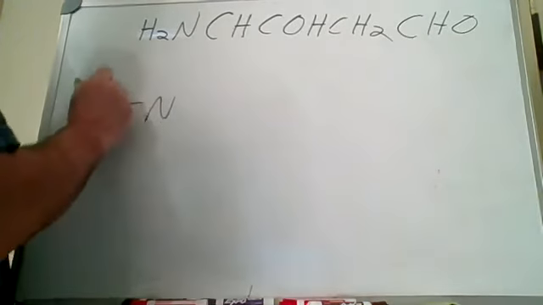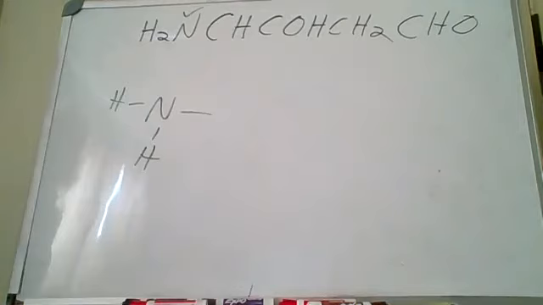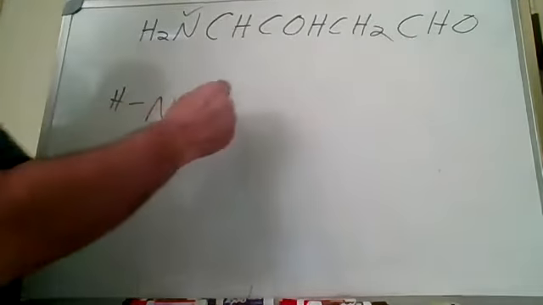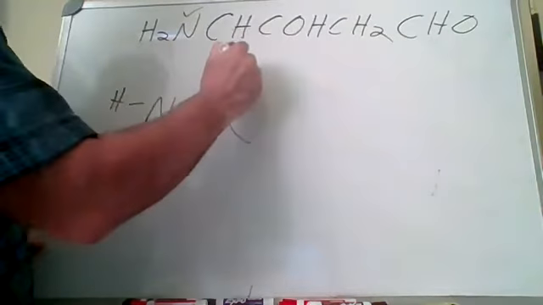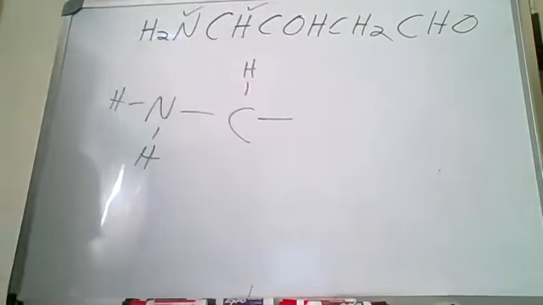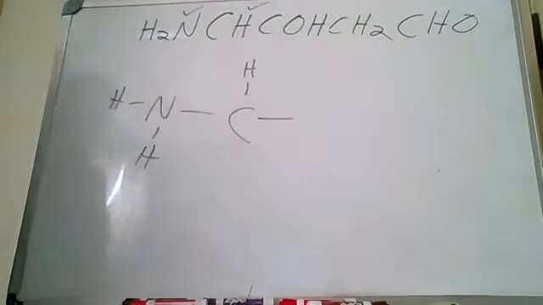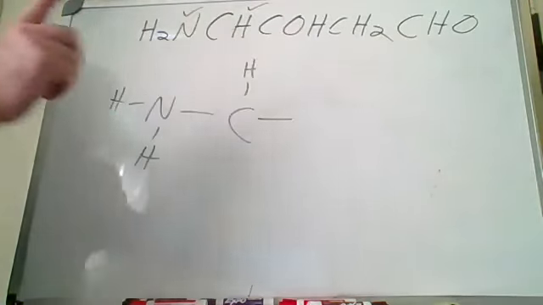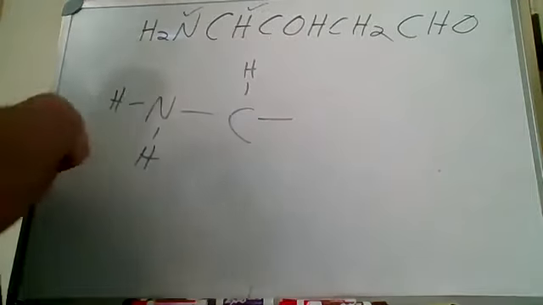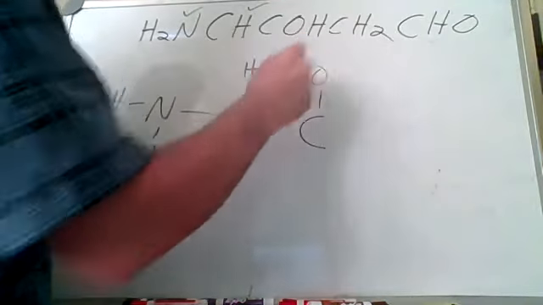All right, so here's my amine group. Open-ended bond on the nitrogen. Now here I have just CH and then another carbon. So that brings me to there. Then another carbon. Now here I have COH. Now, don't draw this yet. What if I think that's a ketone and put this carbon up there?